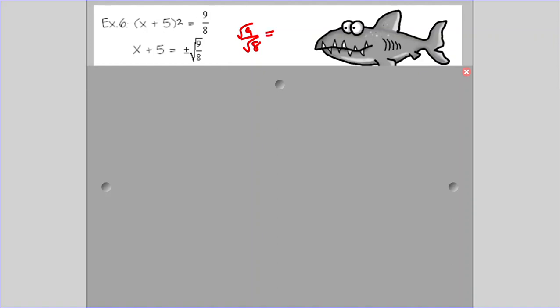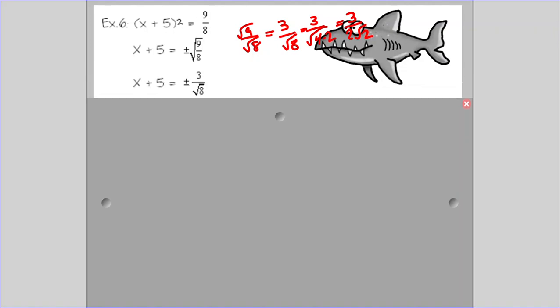So the square root of 9 is nice, that's 3, but then I have the root 8 on the bottom. Now root 8 actually simplifies a little bit further. Remember that 8 is just 4 times 2. So really this is just the root of 4 times 2, which is really 3 over 2 root 2. Then I have the root 2 on the bottom that we need to go through and rationalize like we did in the previous problem.